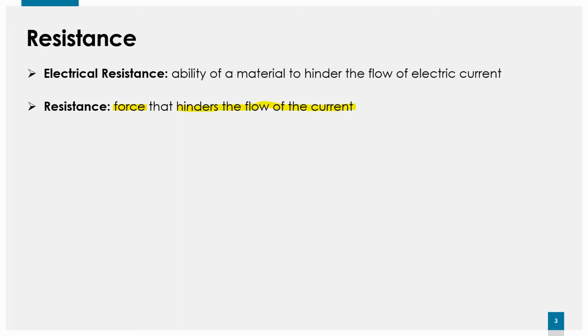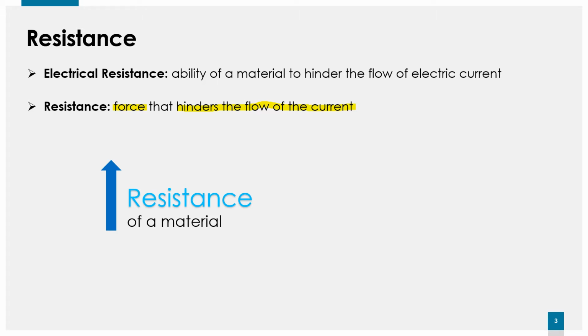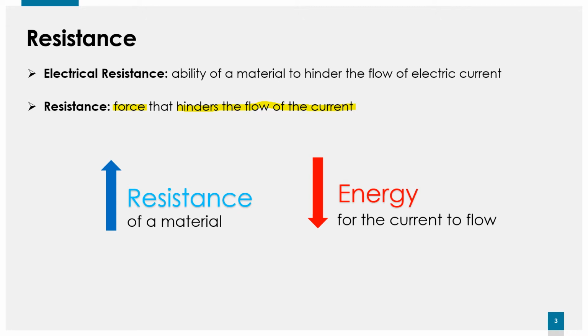Okay, so it's like it avoids the current to pass. And the higher the resistance of a material, I'm going to have less energy for the current to flow. So they are inversely proportional. So the higher the resistance, if I have a high resistance, I have less energy passing.